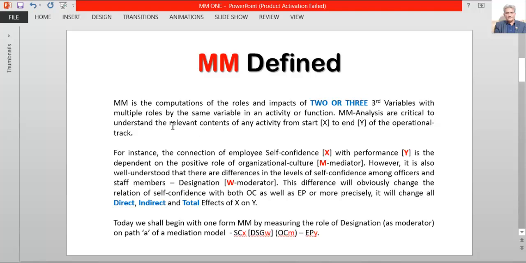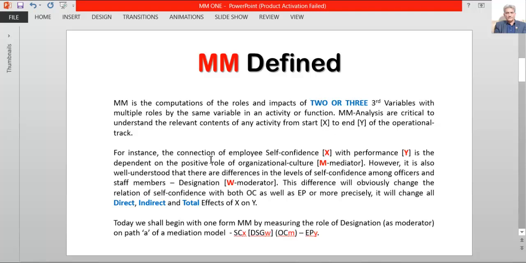Analysis is critical to understand the relevant contents of any activity from start to end, from X to Y relationship of the operational track, meaning that the activity which begins with X and ends with Y, on the way to Y, there are several third variables which can affect its mode, its intensity, its speed, or even its objectives.